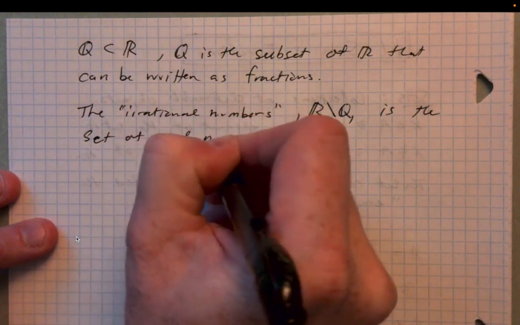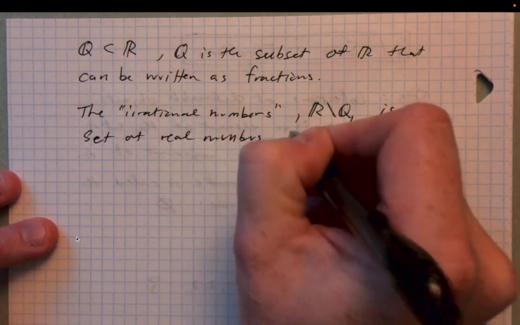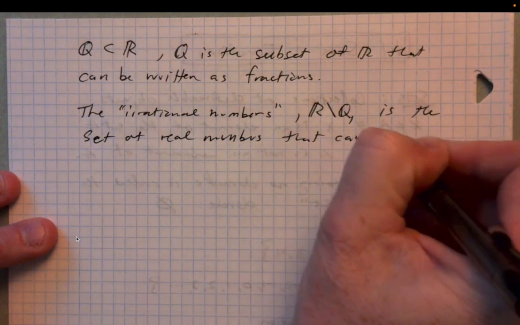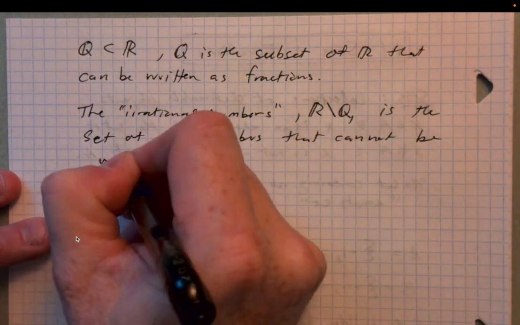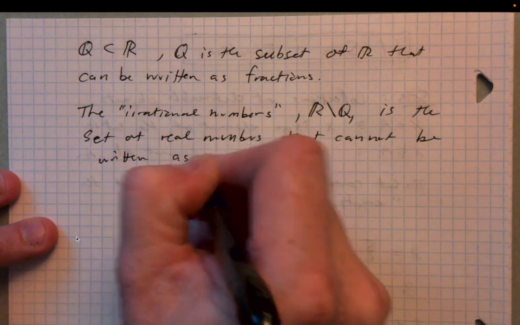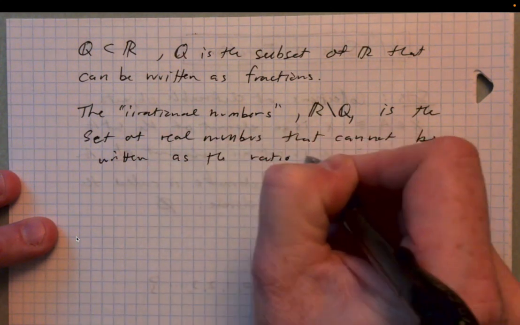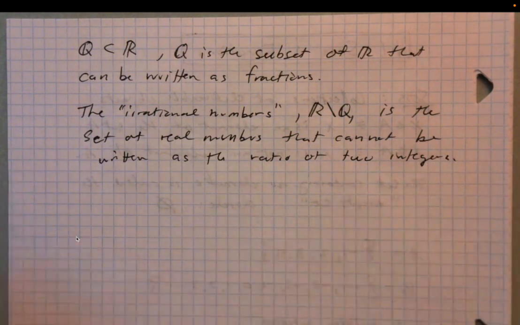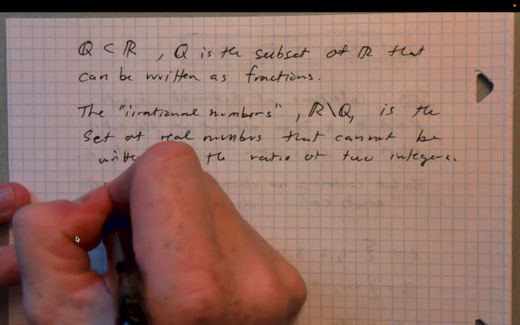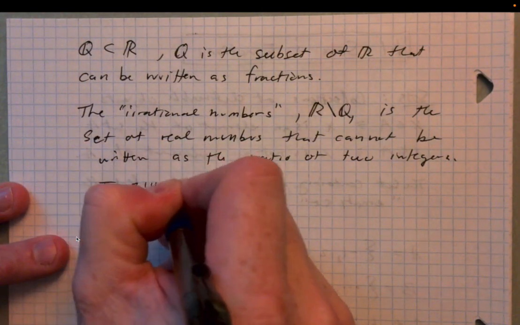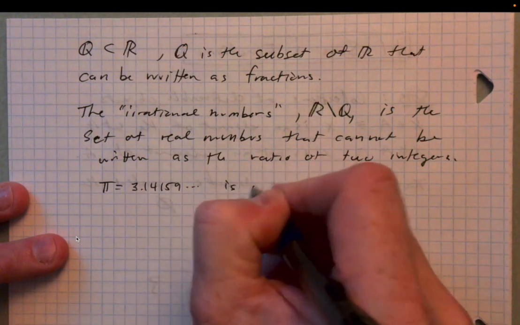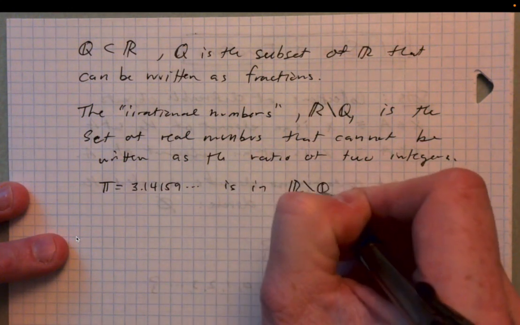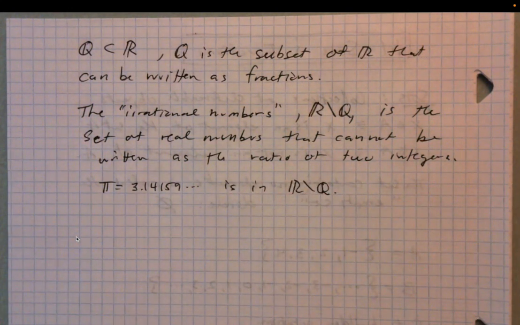So the irrational numbers, R minus Q, is the set of real numbers that cannot be written as the ratio of two integers. You're familiar with some of these. Pi, for example, is an irrational number, and there are indeed infinitely many.